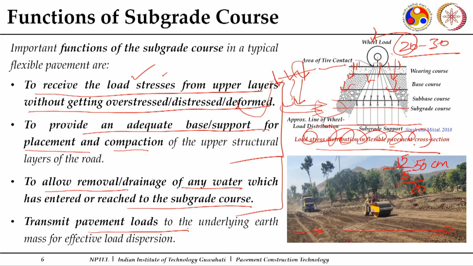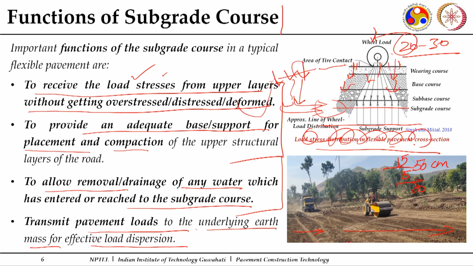So, it says transmit pavement loads to the underlying layers for effective load dispersion. Effective means there should be no deformation happening in the embankment also. So, these are my main functions. I will say it should give us a good foundation, it should be able to bear the loads which will be there during the construction, and the loads which will come during the service life.